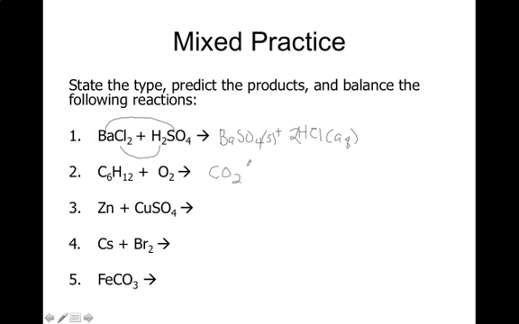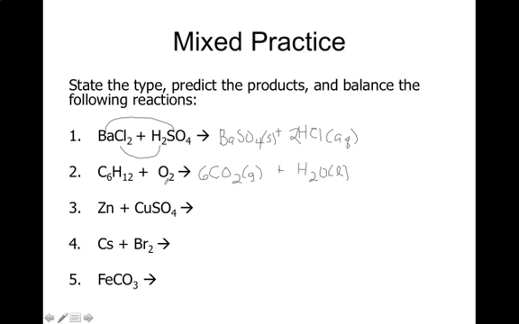Okay, this is a combustion reaction, so the products are always CO2 gas and water liquid. We have 6 carbons over here, so we need to put a 6 there.